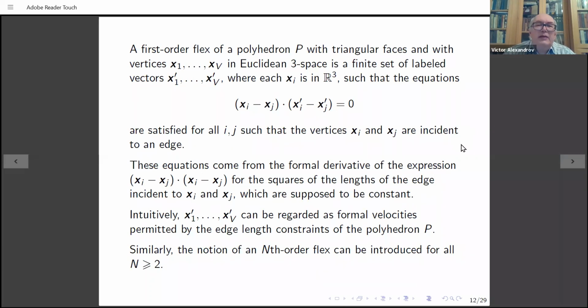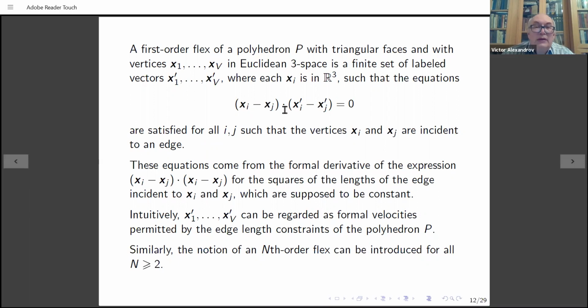The first order flex of a polyhedron P with triangular faces and with vertices x1, etc., xv in Euclidean 3-space is a finite set of labeled vectors x prime 1, etc., x prime v, where each xi is in R3 and each x prime i is in R3 too, such that the following equations are satisfied for all i and j such that the vertices xi and xj are incident to one and the same edge of our polyhedron.